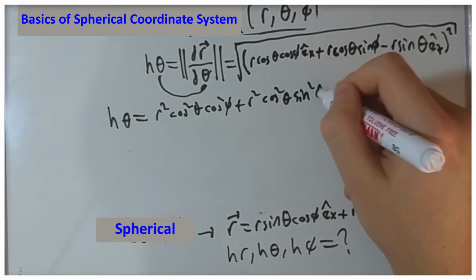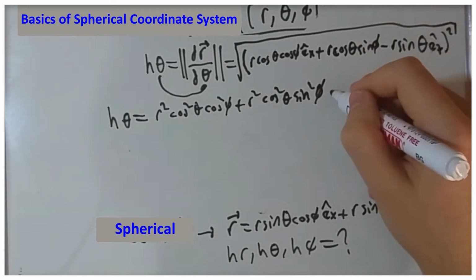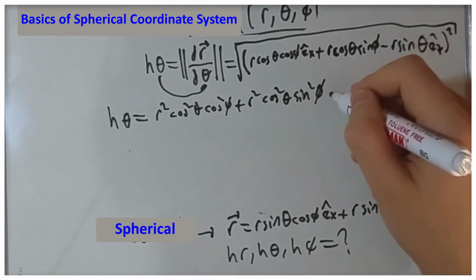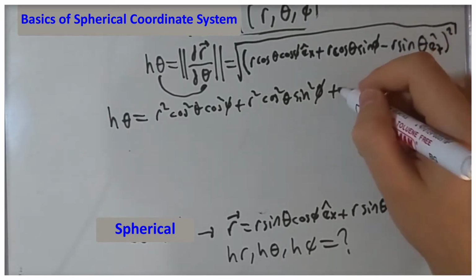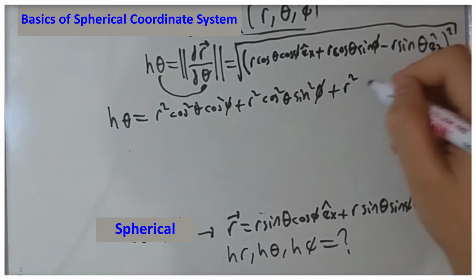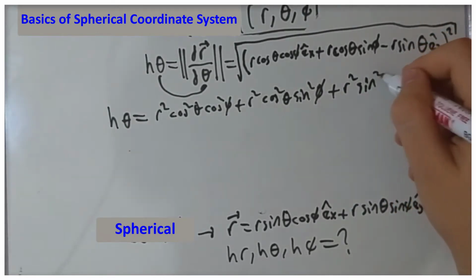The product of minus and minus will make plus again because I have squares of them. r squared sin squared theta in root.